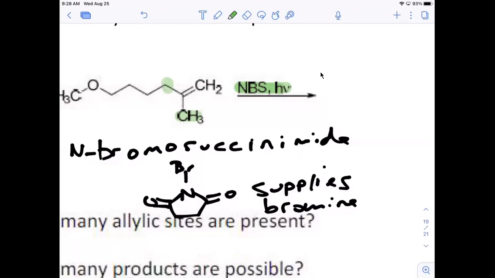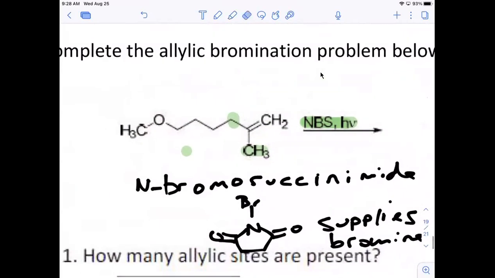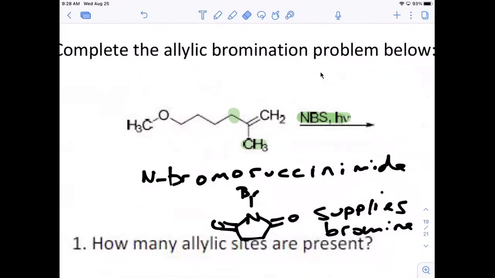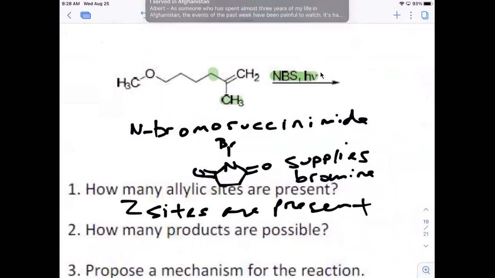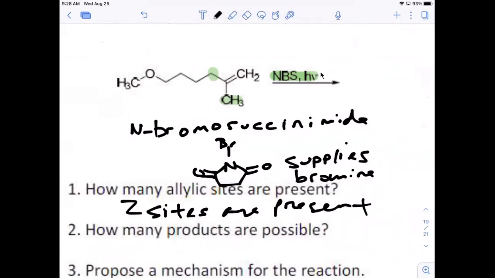Right here? Yes, sir. Yes, that's exactly right. So those are my allylic sites, and that's where the reaction is going to take place. Now, another question. So we got two allylic sites present, so we can fill that in.